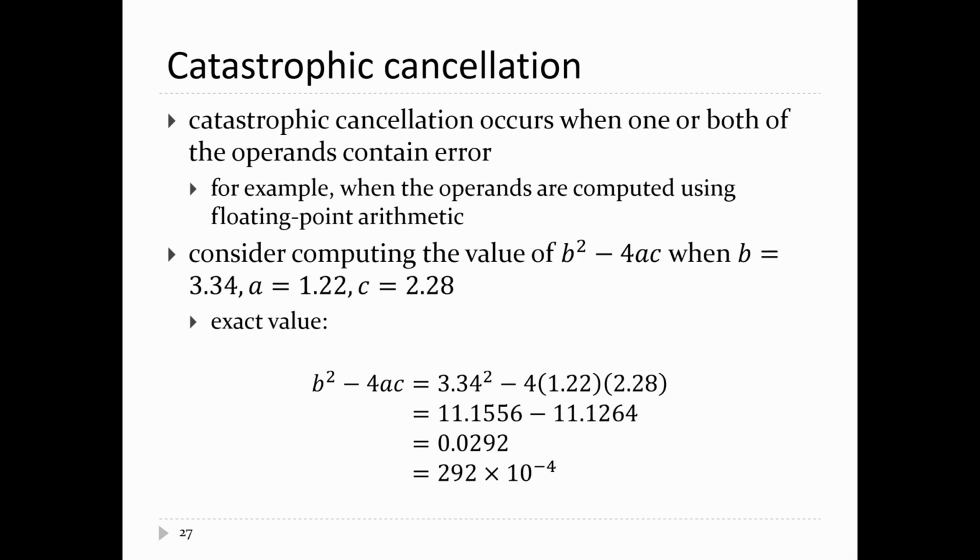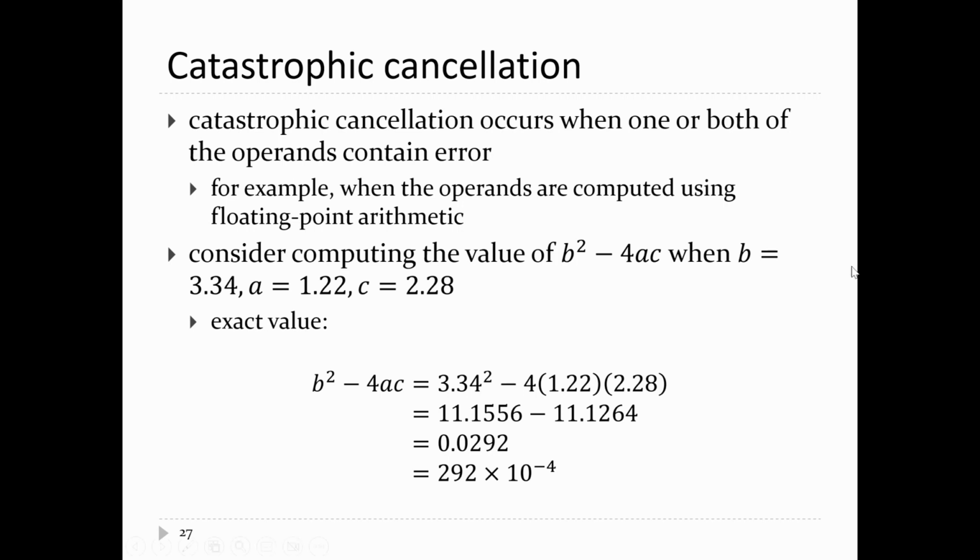So for example, if I want to compute b squared minus 4ac, that's part of the quadratic formula, then when I calculate b squared, there's a chance that the result is going to have error in it. When I compute 4ac, there's also a very significant chance that that result will have error in it.